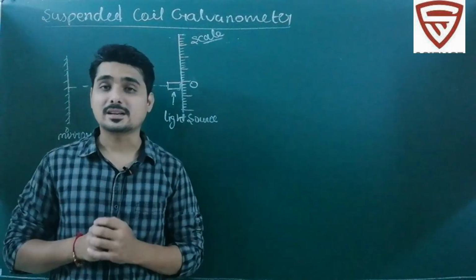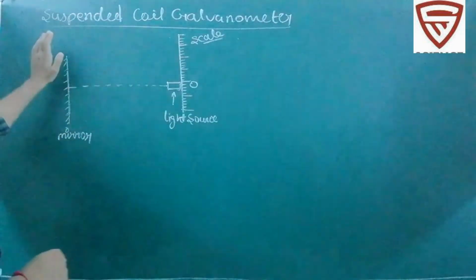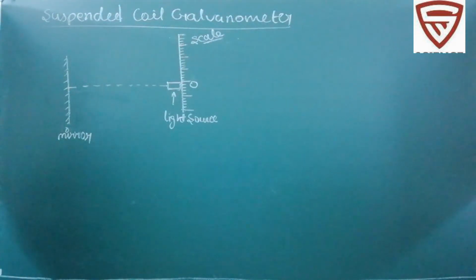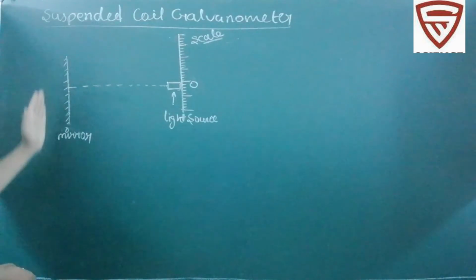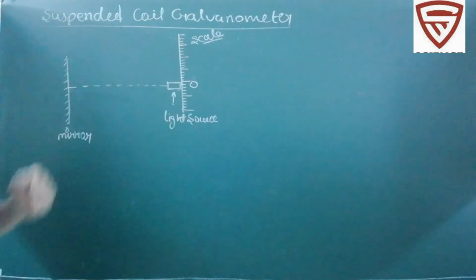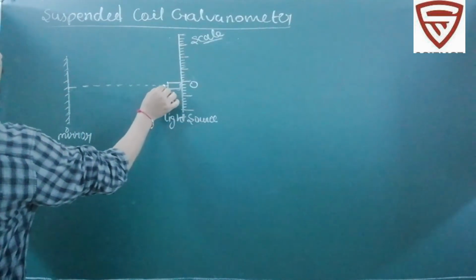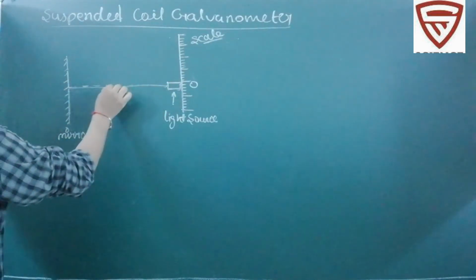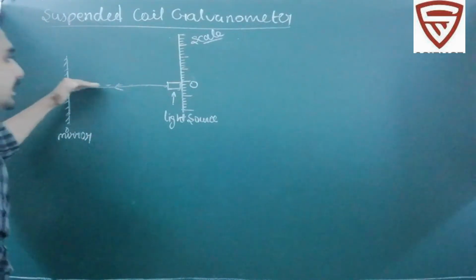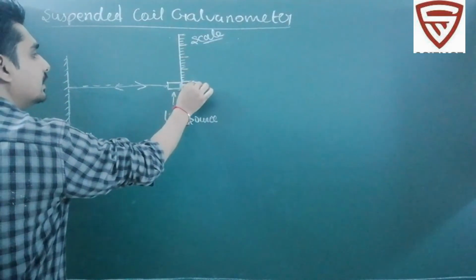Now we will discuss the role of that mirror in the suspended coil galvanometer. To understand this, consider we have a mirror, a light source and a scale. Whenever a light beam falls on the mirror, it will be reflected along its initial path. Say this is our 0.